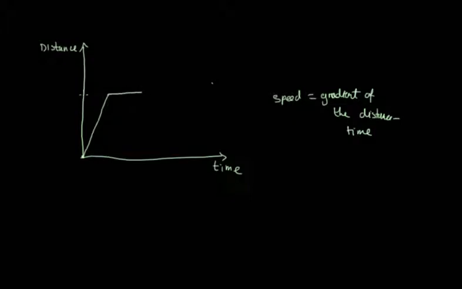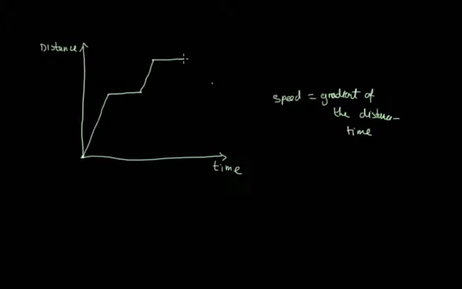Now, if we have a period of time where the distance isn't changing, we're still at the same distance away from this central point. So this shows us that for a period of time the object is standing still, isn't moving at all. Then after another period of time, the object moves again at a steady speed. The gradient is constant, it's a straight line, and then the object stops for another period of time.